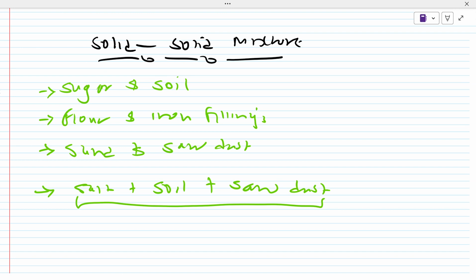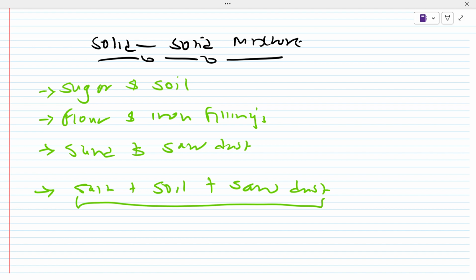Now, in a situation whereby I have solid mixtures, there are certain properties of those given solid mixtures that can help me separate them. The first thing I'm supposed to be asking myself is, what properties do certain constituents of that mixture hold?